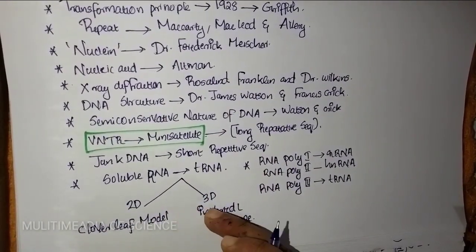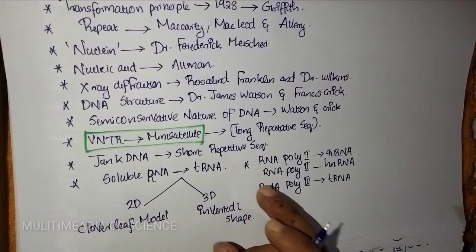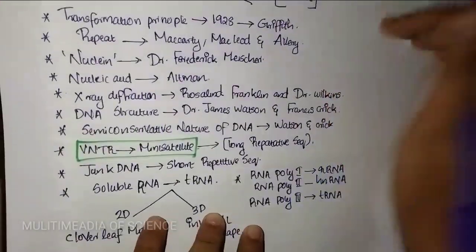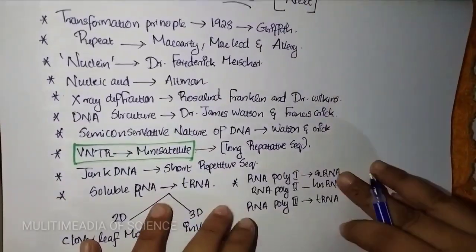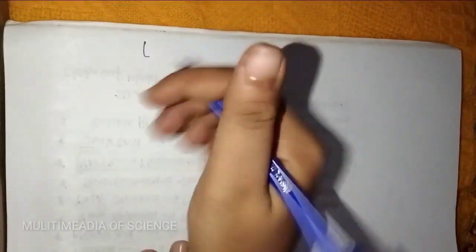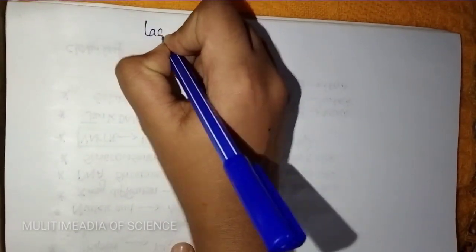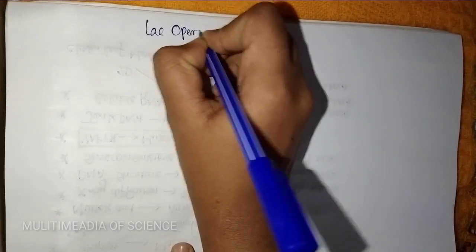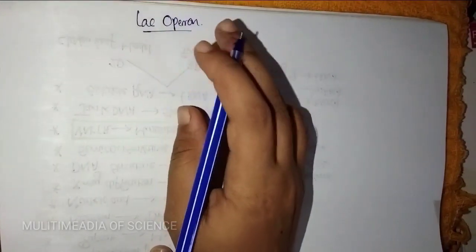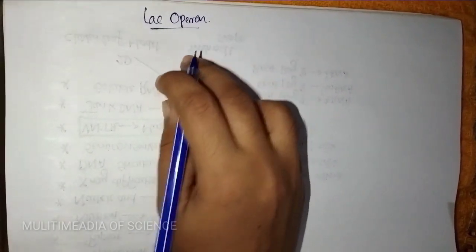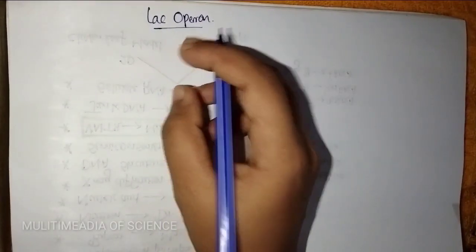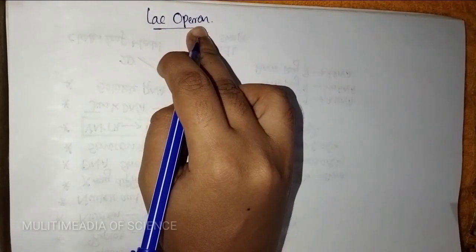Then next is the lac operon. I will discuss the lac operon in detail in the next video of this chapter. Here I am only discussing the important points about it.